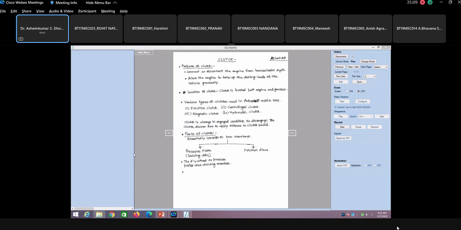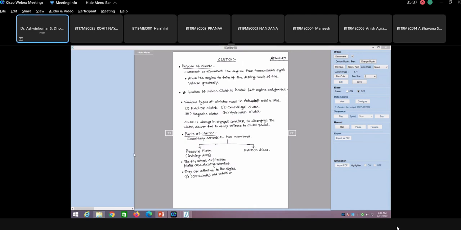So this makes the idea clear. They are attached to the engine crankshaft. This is crankshaft, not cross section, engine crankshaft, and rotate with it.